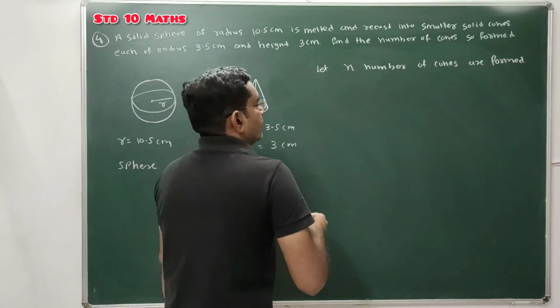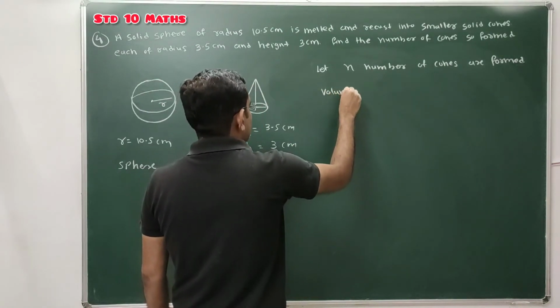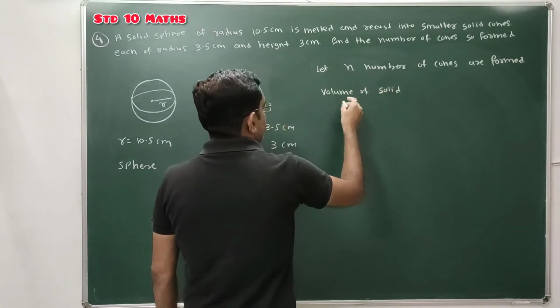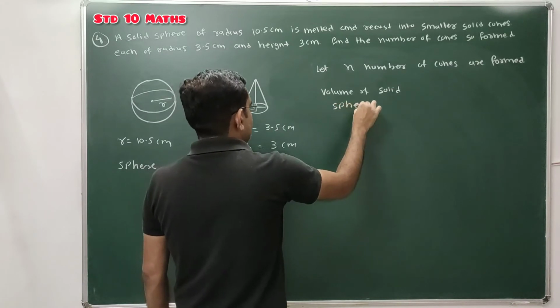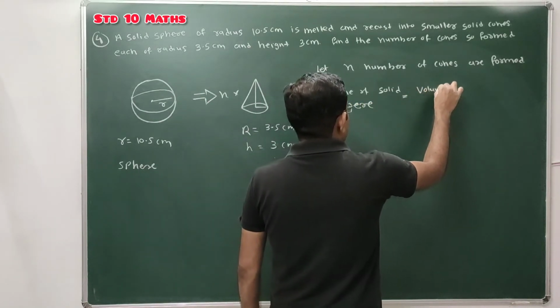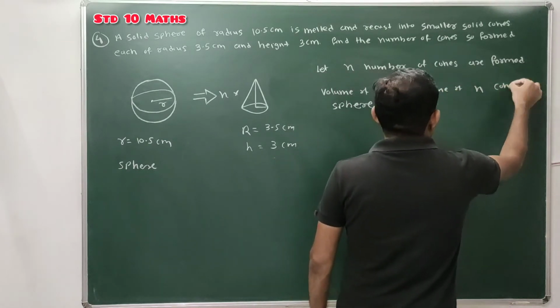So it's a comparison of volume. So the volume of solid sphere is equal to the volume of n cones so formed.